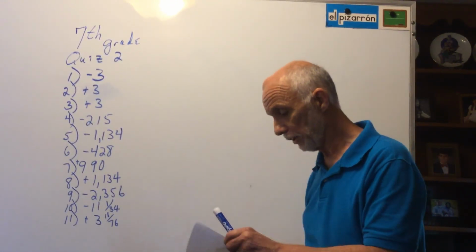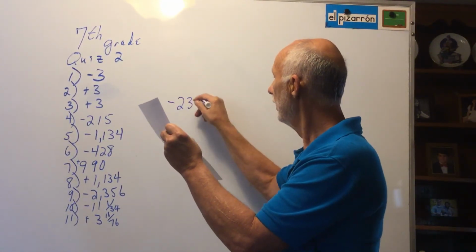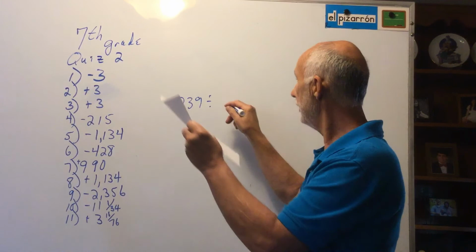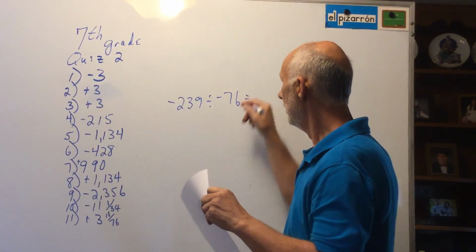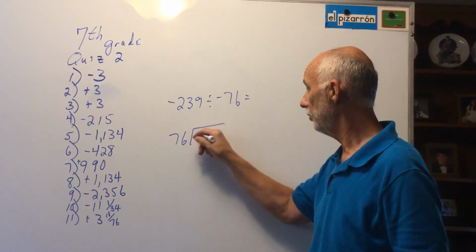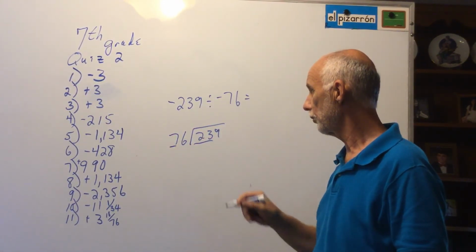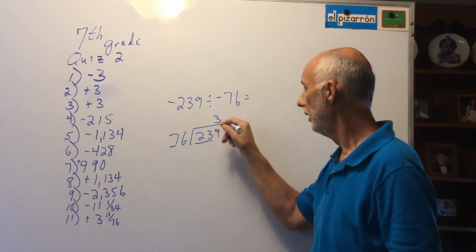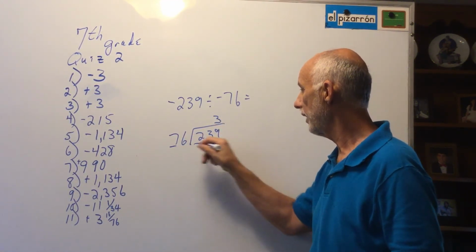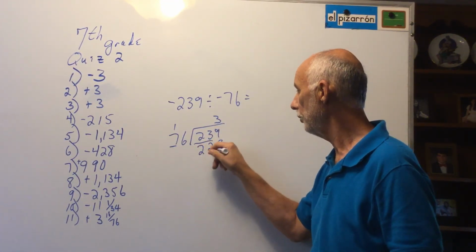Finally, the last division problem said a negative 239 divided by a negative 76. Again, you divide like normal, 76 into 239. Divide 7 into 23 goes 3 times, shift back one place. 3 times 6 is 18, carry your 1. 3 times 7 is 21 and 1 is 22.